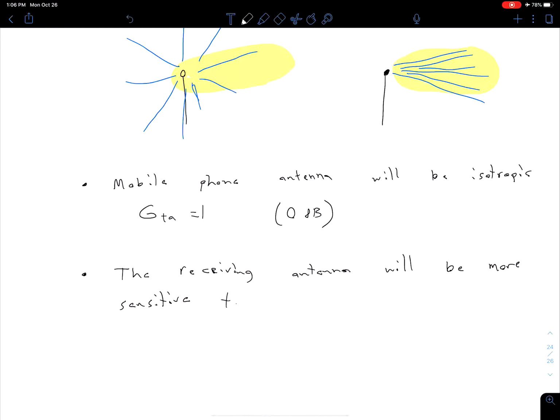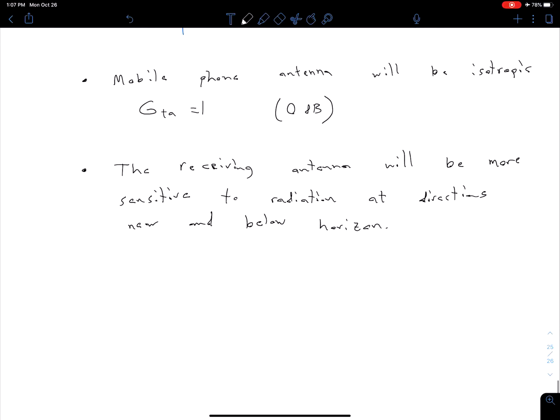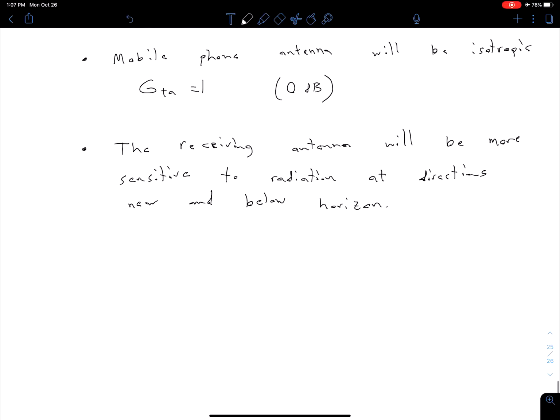So it's more sensitive to radiation or signals from our phone at directions near and slightly below our horizon. Again, that's just because we're not going to have people calling to use these antennas when they're above them most of the time. So our gain for our receiving antenna is going to be greater than 1, or in terms of dB, greater than 0 decibels.